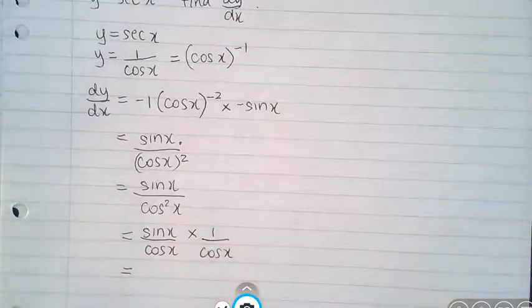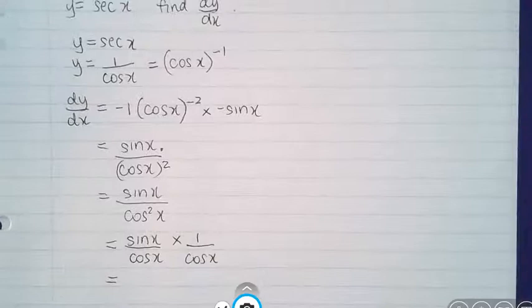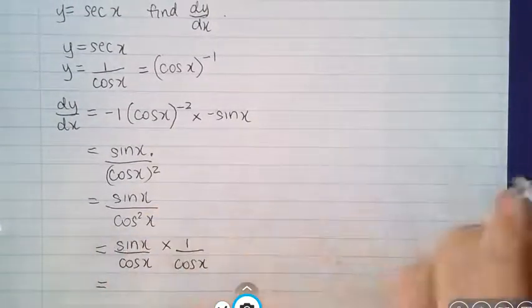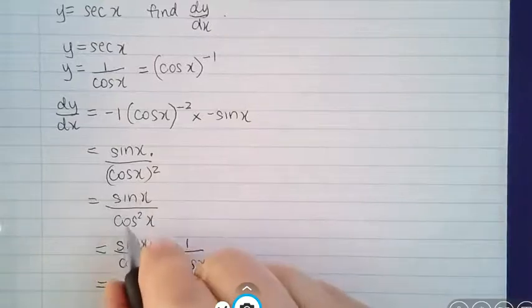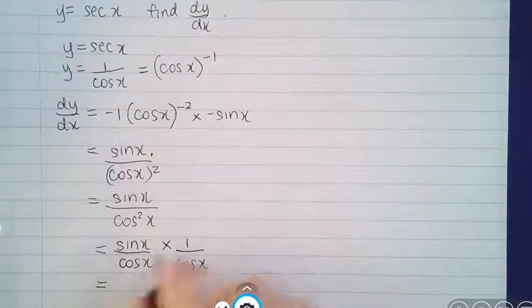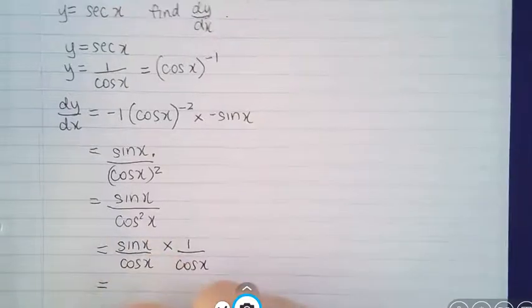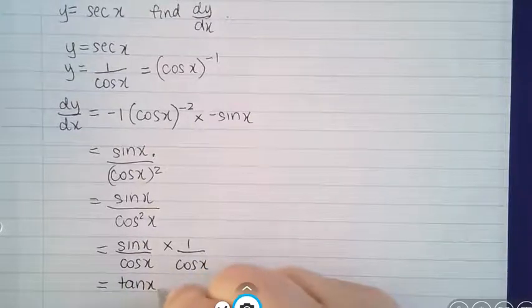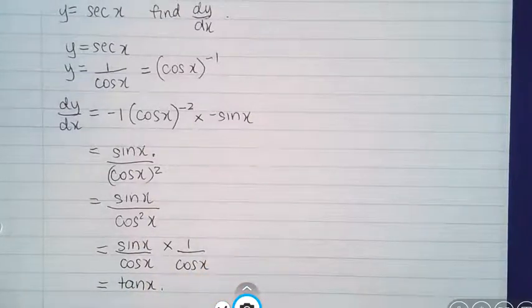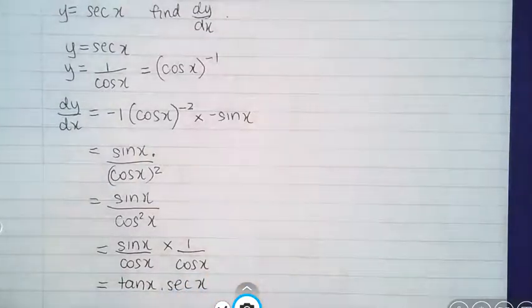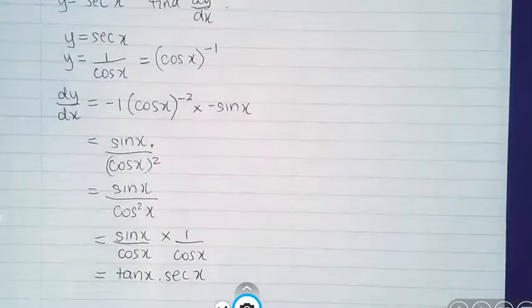When you see that, you can simplify as sine x on cos x, because that's really sine x over cos x times cos x. But you break it up like this because you know that sine x on cos x is tan x, and we know that 1 on cos is sec. So that's tan x times sec x.